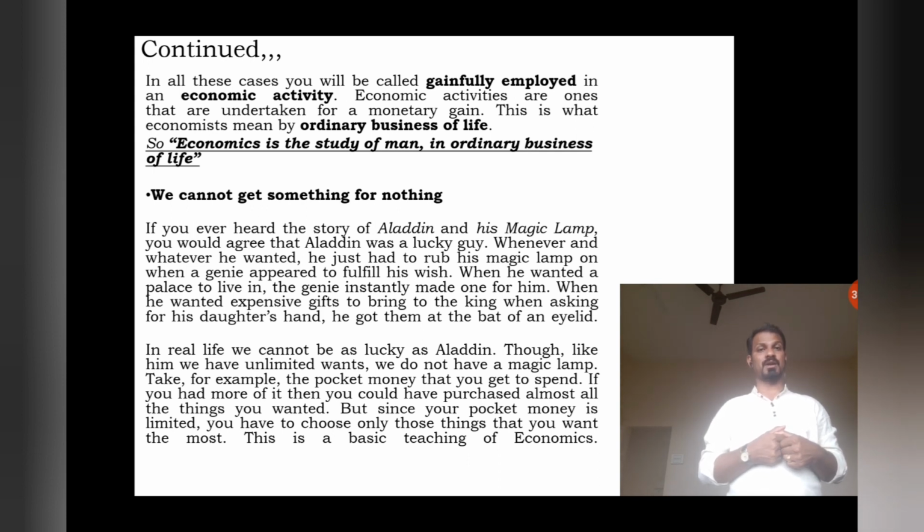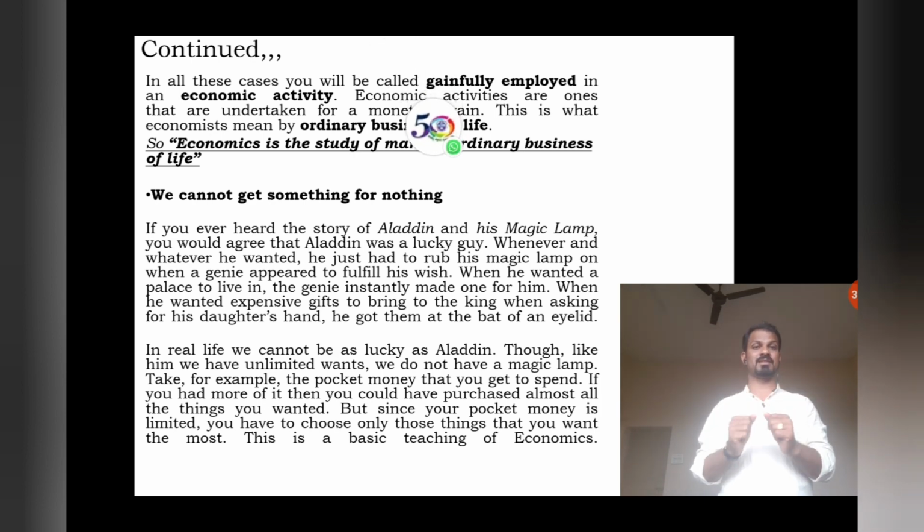If you had more of it, then you could have purchased almost all the things you wanted. Means if you are well off, you can purchase all the goods and services you want. But since your pocket money is limited, you are having less income.